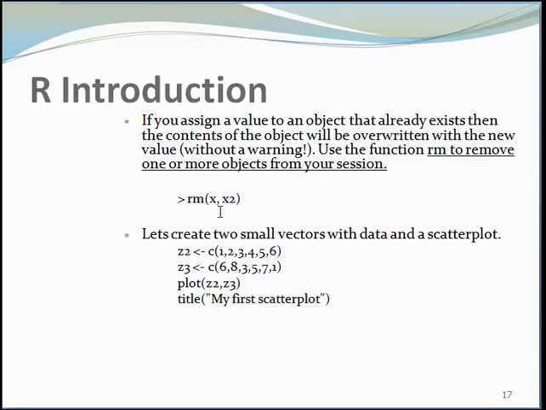Now let's create two small vectors with data and a scatter plot. Suppose I have z2 equal to 1 2 3 4 5 6 and z3 equal to 6 8 3 5 7 1. These are all the elements, and plot z2 comma z3 and give the title my first scatter plot. This will plot a graph between z2 and z3 and give the name my first scatter plot.